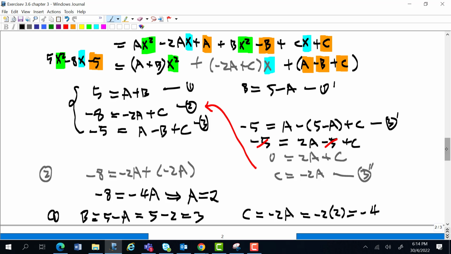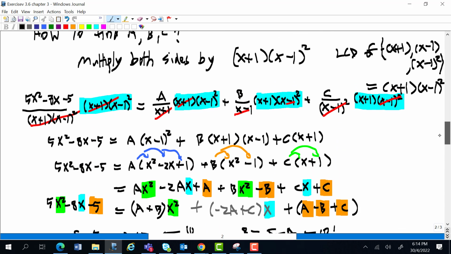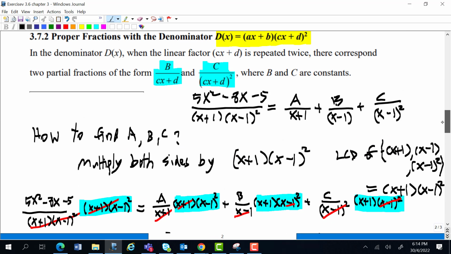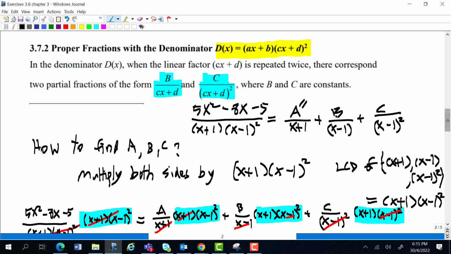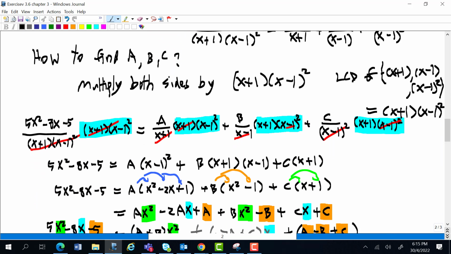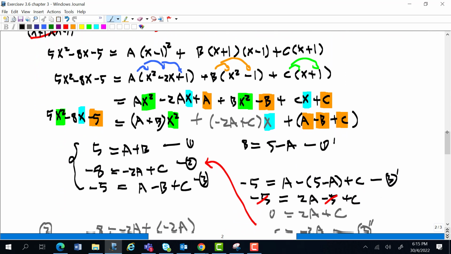So we check again what we find for the value of a. The value of a is equal to 2 in the calculation.